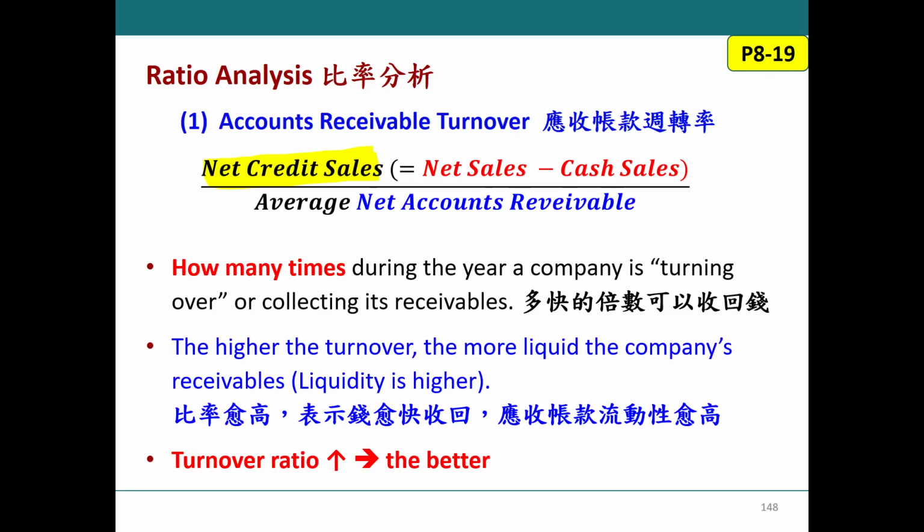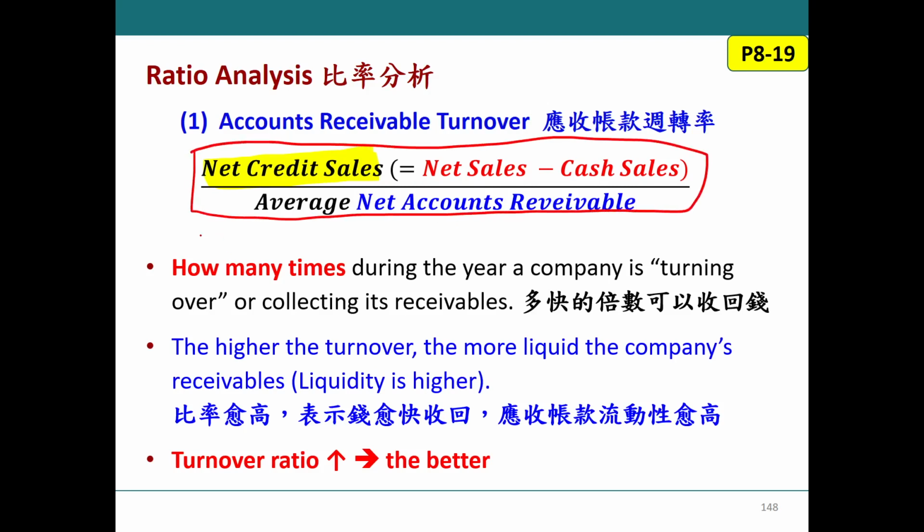Any questions? For the second ratio, we look at the same thing. The only difference is that when you find the number 5 in this first ratio, it means 5 times.